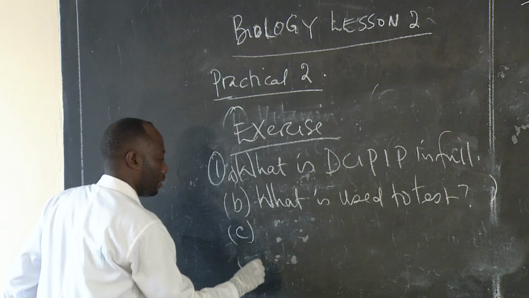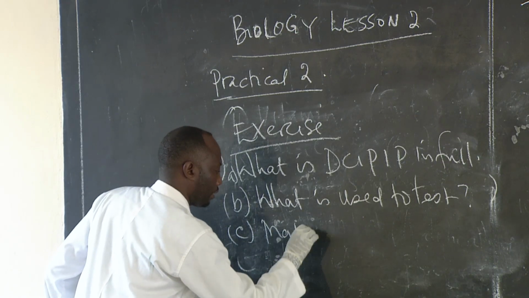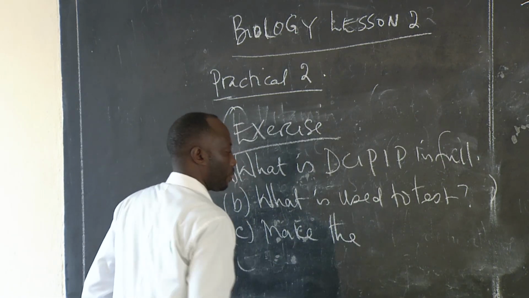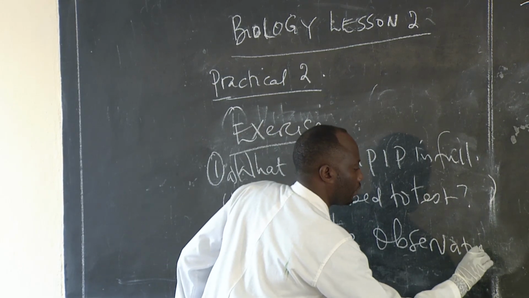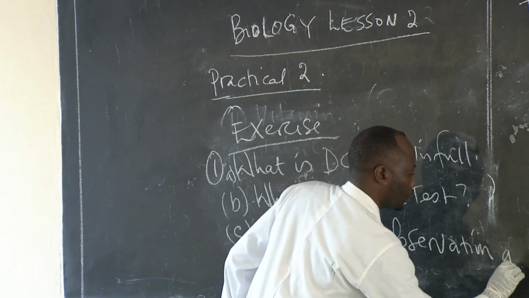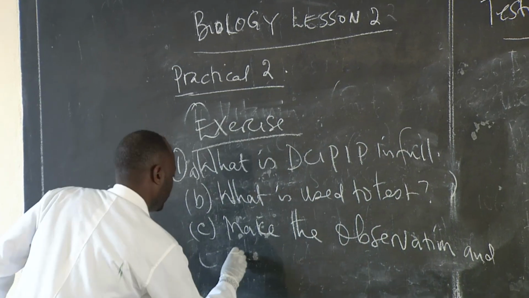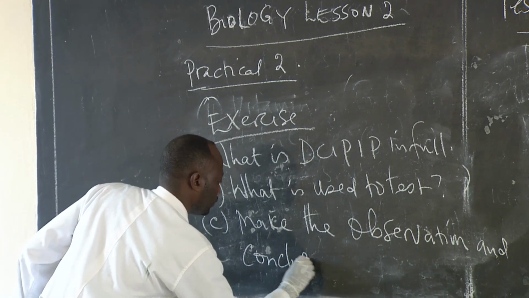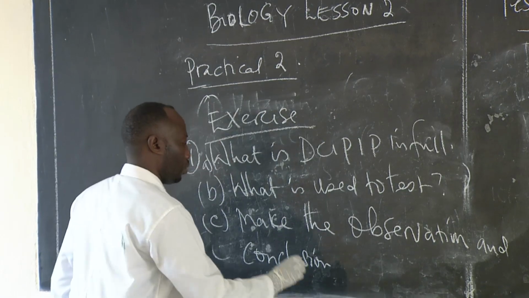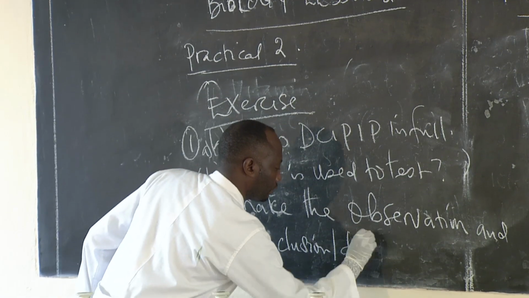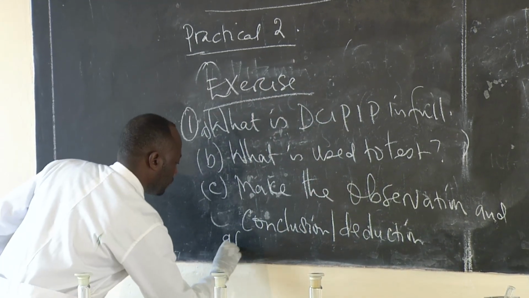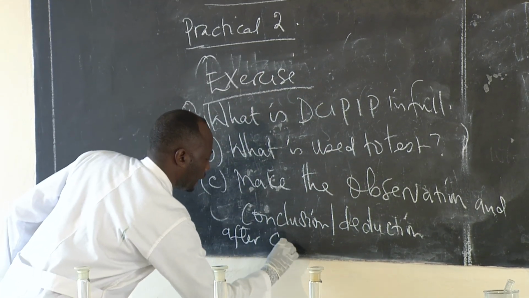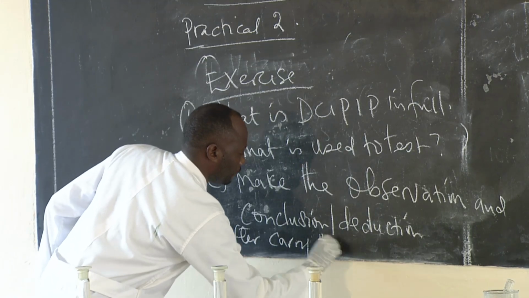That is C, make the observation and conclusion, or we call it reduction, after carrying out the experiment.